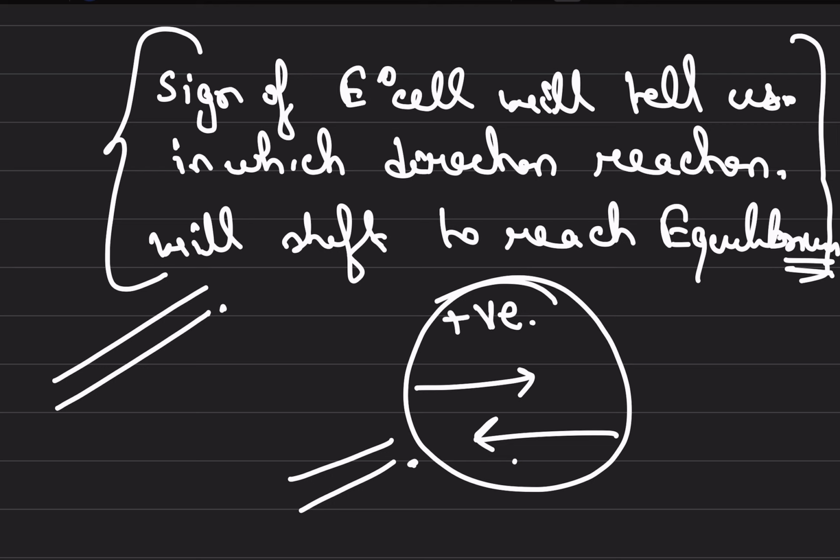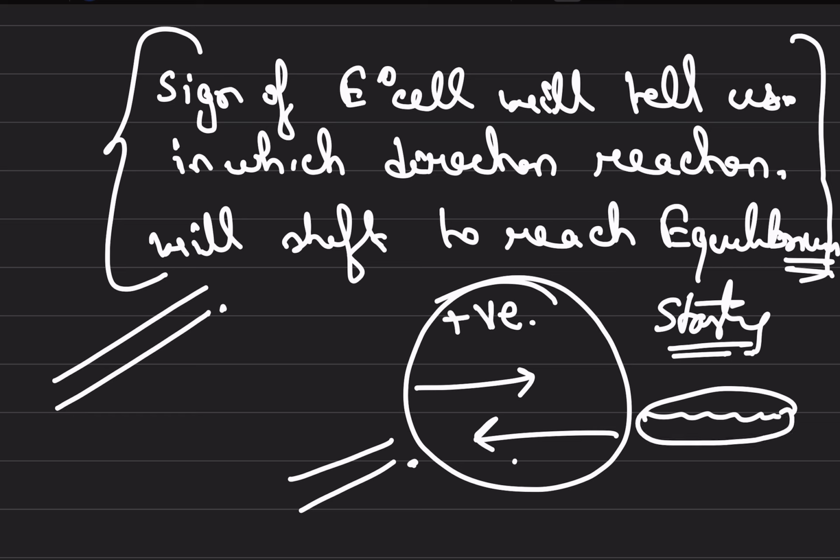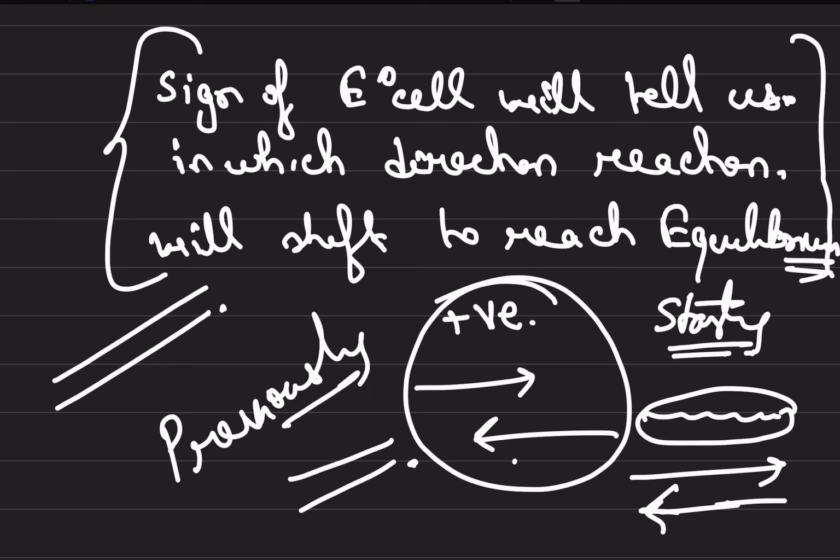Suppose we are starting a particular reaction, and we know the E naught cell. When equilibrium is reached after some time, in what direction will it shift, forward or backward? We can tell this beforehand by seeing the sign of E naught cell.